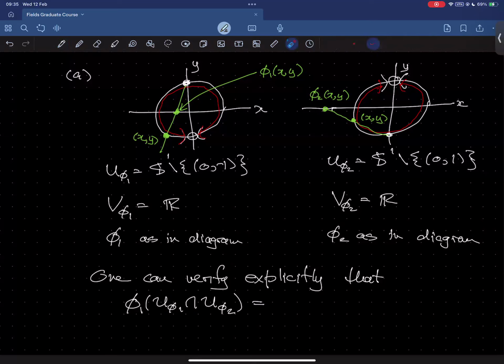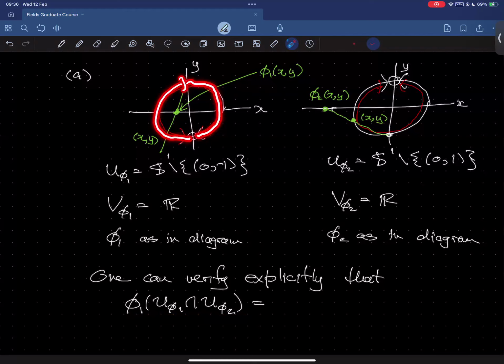What will U phi1 intersect U phi2 be? U phi1 removes that point, and U phi2 removes that point, so U phi1 intersect U phi2 will be S1 with both of those points removed. That's going to be two little disconnected segments on the circle, one going one way and the other going the other way.